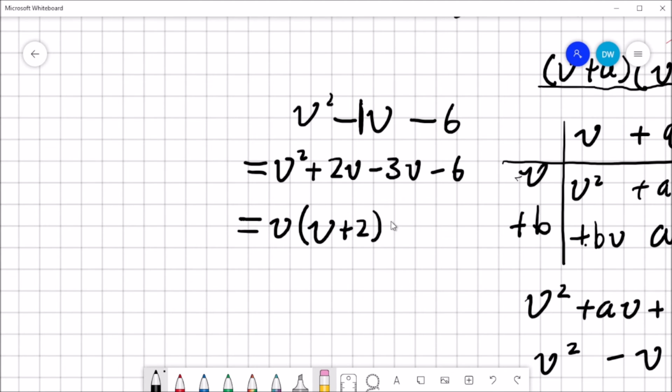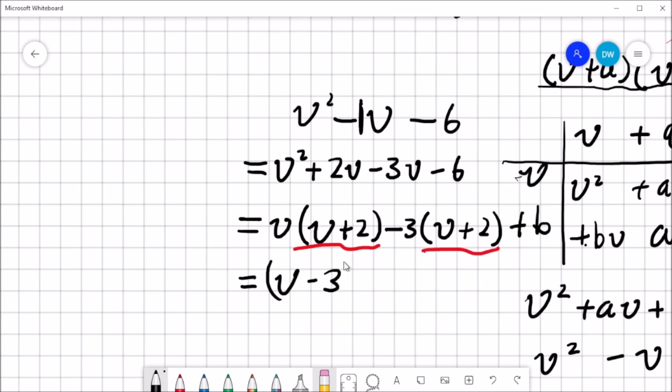So we can take 3 out, and what we end up with is negative divided by negative 3, so it's plus 2. And then we can factor these two out, and we end up with v minus 3 times v plus 2. And that's our answer.